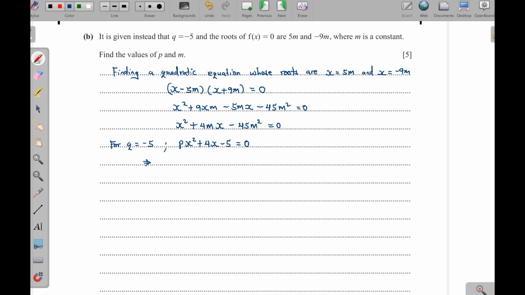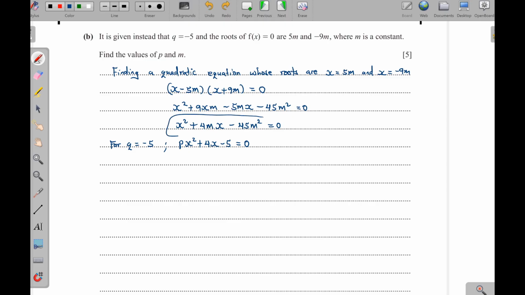So we now have these two. This simply implies that the px squared plus 4x minus 5, this expression here, has to be the same as this x squared expression. Actually, I'm going to divide through, because I have to get a quadratic equation where the coefficient of x squared is 1, just like this one here.